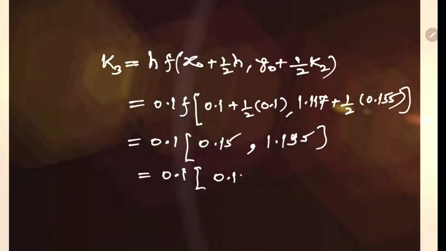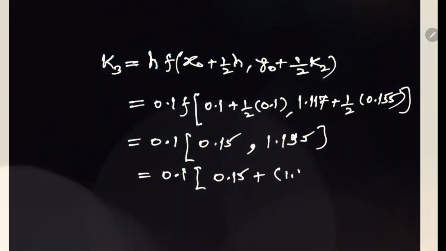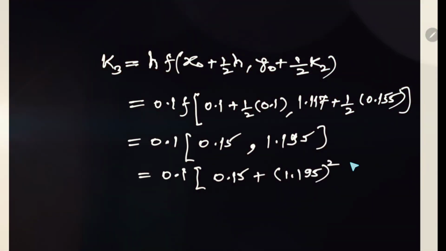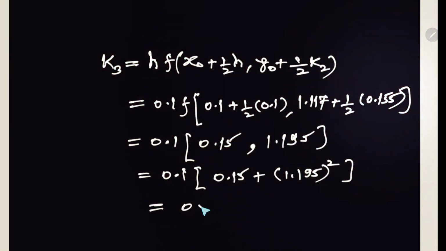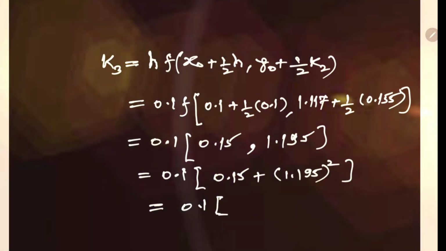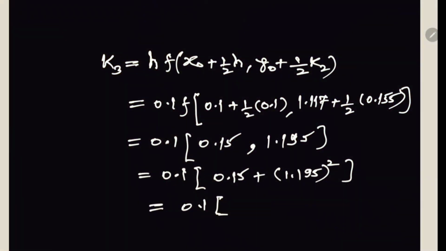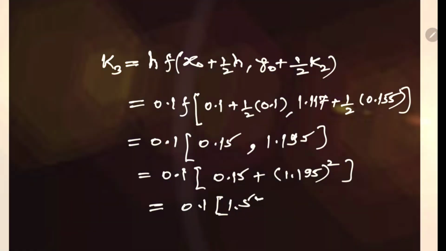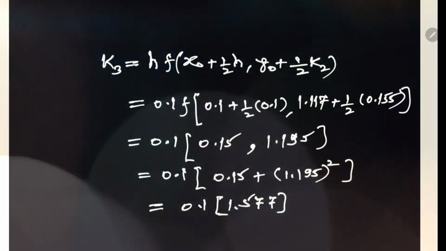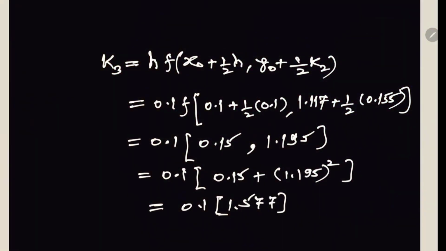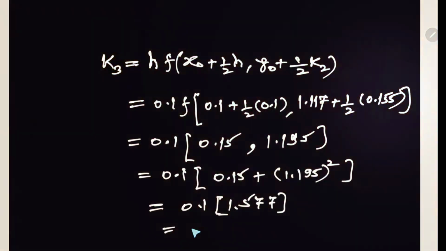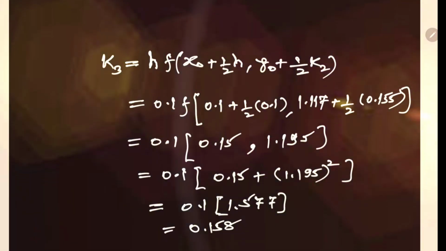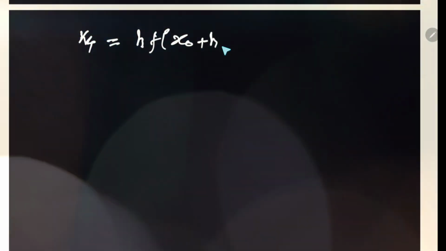And then calculating it by the differential equation, it is x plus y square, means 0.15 plus 1.195 whole square. 0.1 into that sum is 1.577. Every time check the calculation by doing it yourself, and that sum multiplied by 0.1 we get as 0.158.